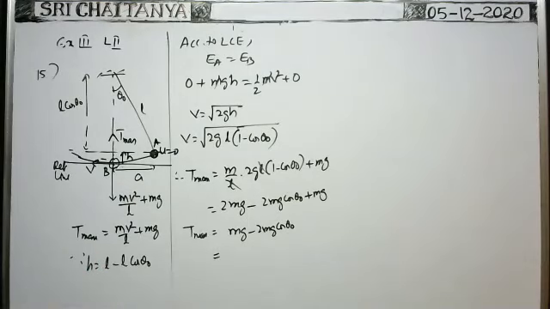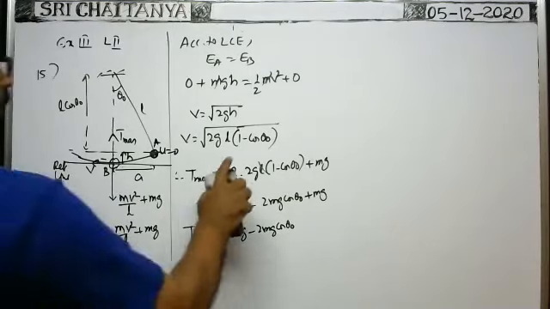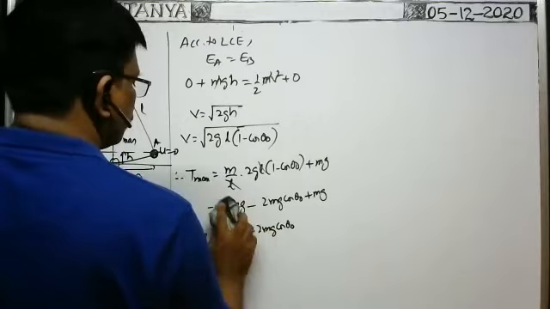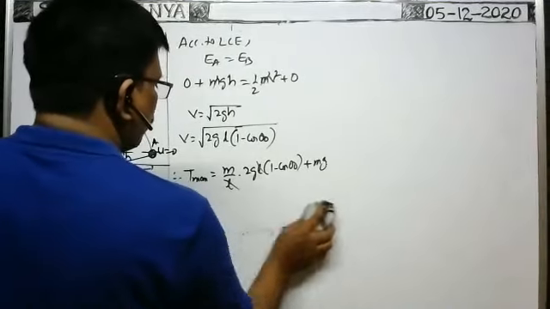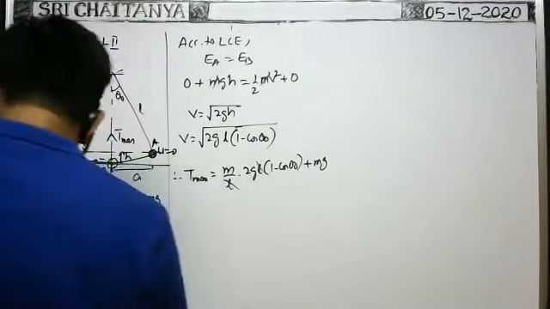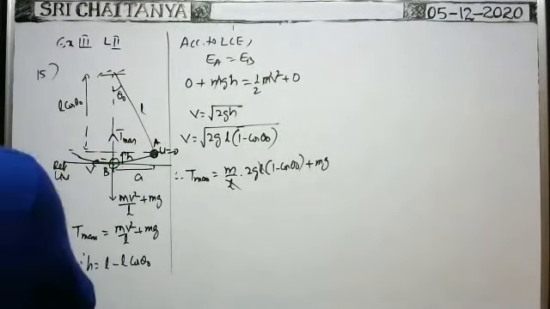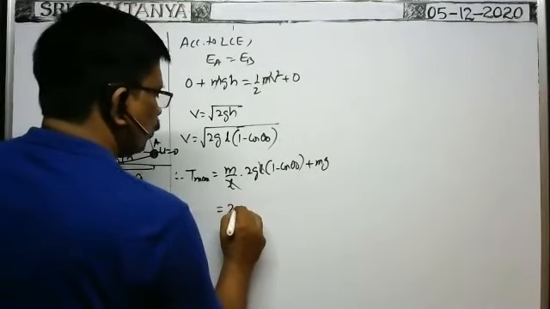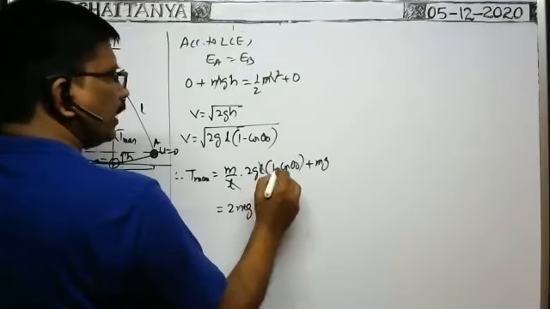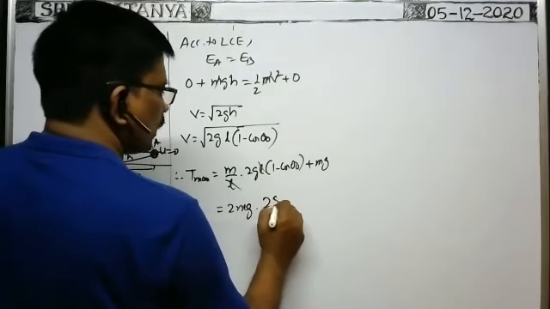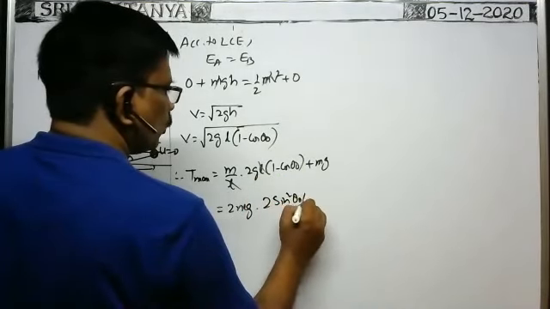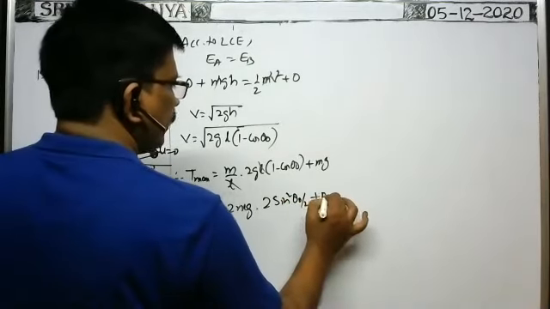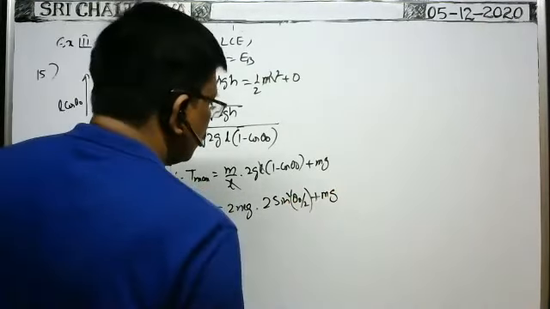Here only, at this place, 1 minus cos theta naught can be written as 2 sin square theta naught by 2, no? In this case, 2mg into 1 minus cos theta naught can be written as 2 sin square theta naught by 2, plus mg.